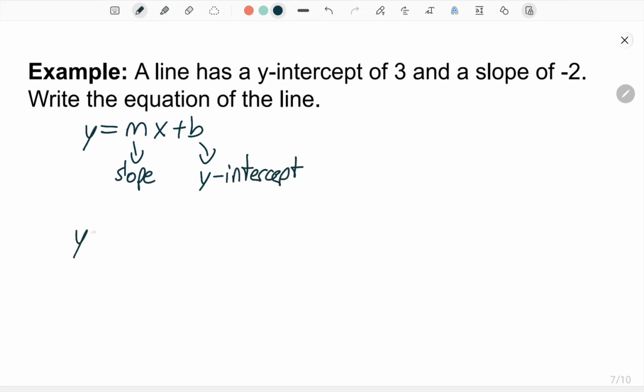And so you could rewrite that now as, well, y is equal to the slope of -2, so we write that as -2 times x. And we have a y-intercept of 3, so we add 3 on the end there.